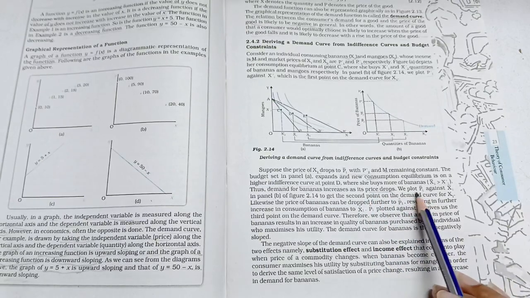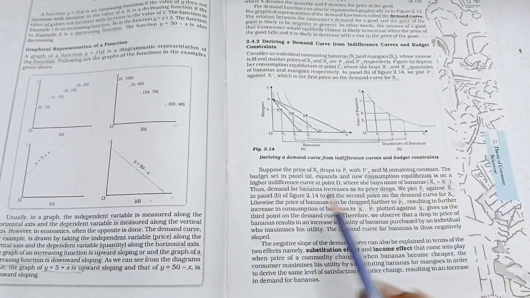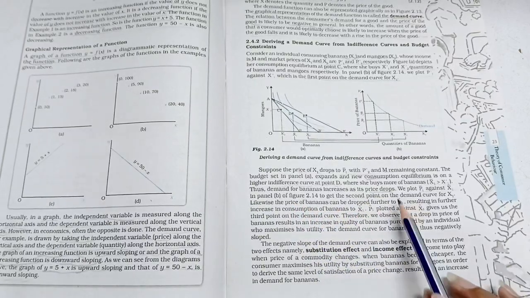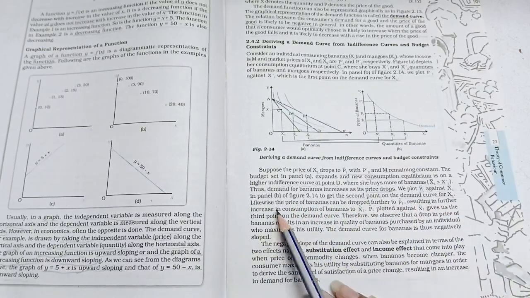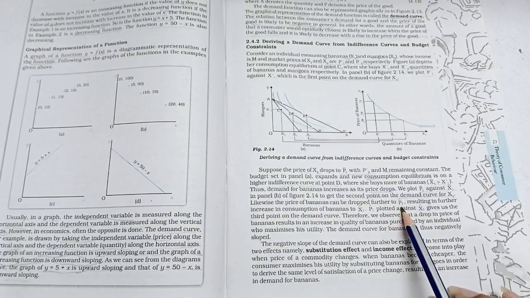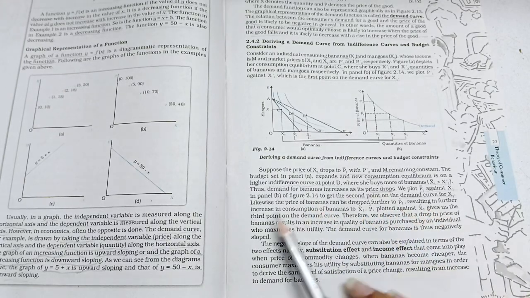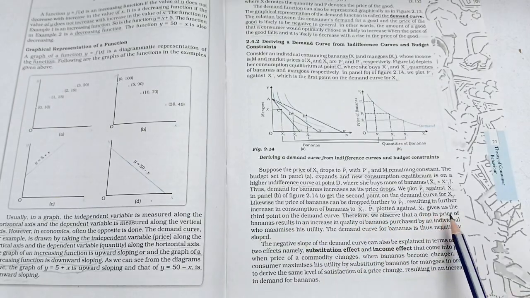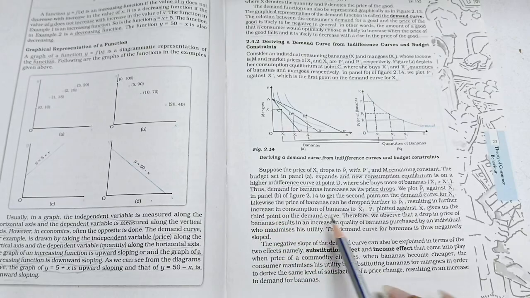We plot P1 bar against x1 bar in panel B of figure 2.14 to get the second point on the demand curve for x1. Likewise, the price of bananas can be dropped further to P1 cap, resulting in a further increase in consumption of bananas to x1 cap. P1 cap plotted against x1 cap gives us the third point on the demand curve.